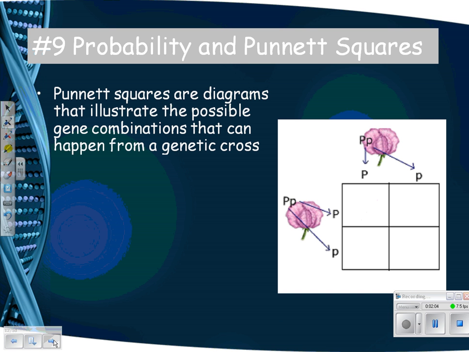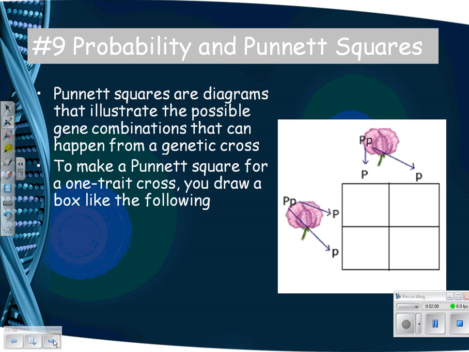Punnett squares are diagrams that illustrate the possible gene combinations that can happen during a genetic cross. To make a Punnett square for a one trait cross, you draw a box like the one over here to the right. There are two parents, and each has two alleles, so you have four different possibilities.